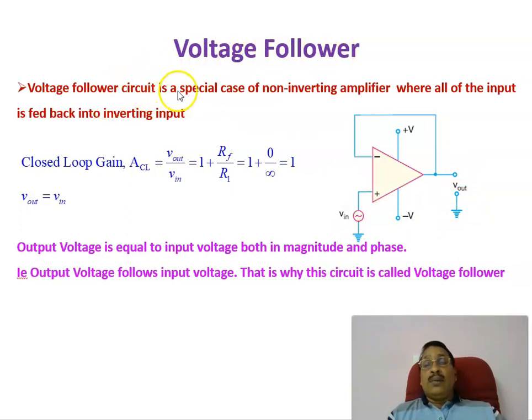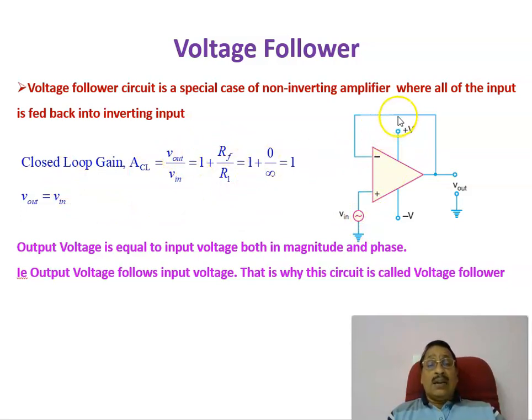The voltage follower circuit is a special case of the non-inverting amplifier where all the output is fed back to the inverting input. Whatever this output is, it is fully fed back to the input, and here the closed loop gain, as we already derived, is 1 plus RF by R1.